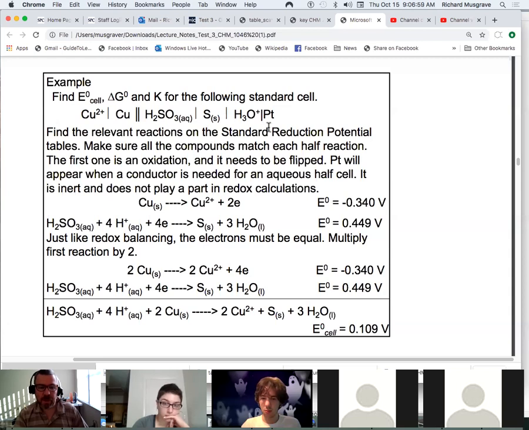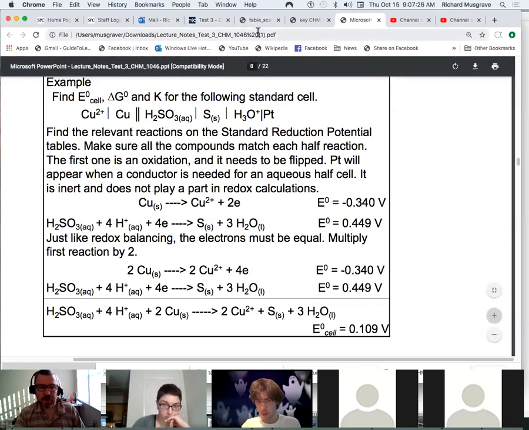But the bottom line here is that if ever you see platinum as part of the cell diagram, you simply ignore it, because all it is is a conduit for electrons. A lot of the time people see Pt and they say, well, I can't find anything that's got H2SO3, sulfur, H3O+ and platinum. You'll never see the platinum. Platinum will never be part of the equations that we're talking about.